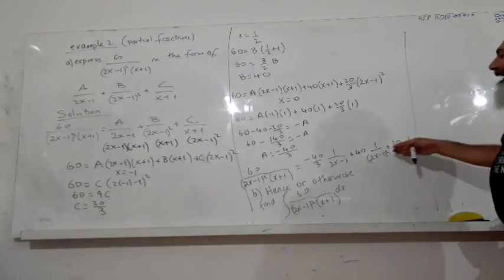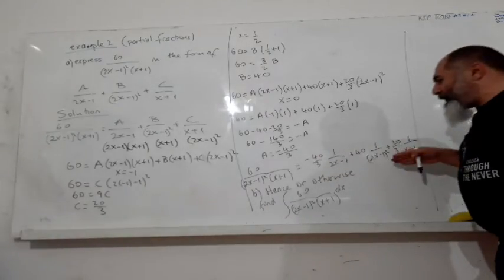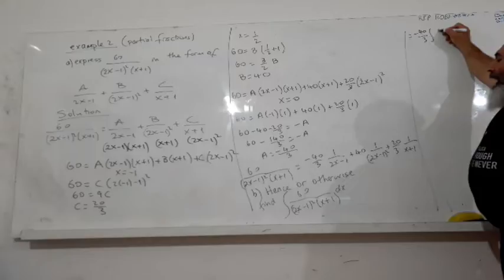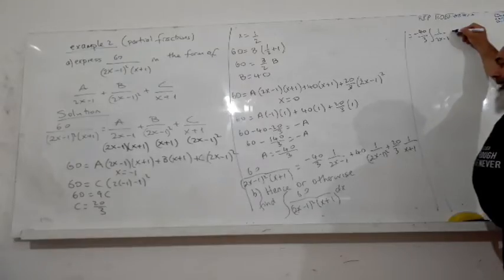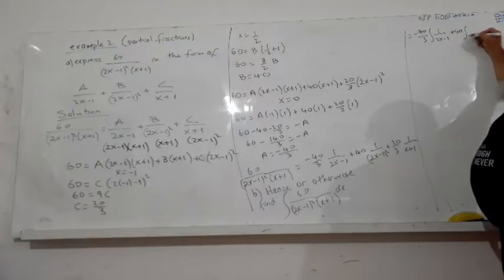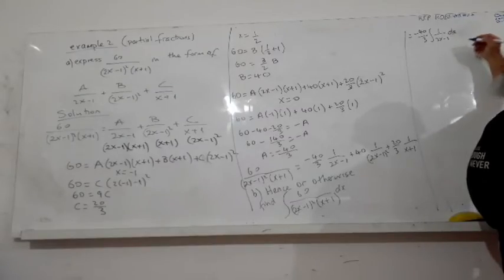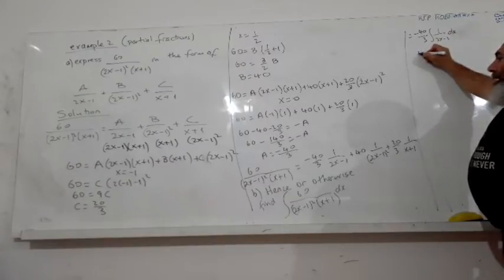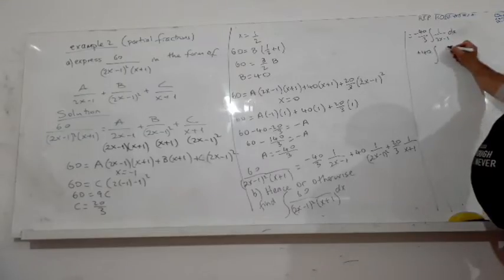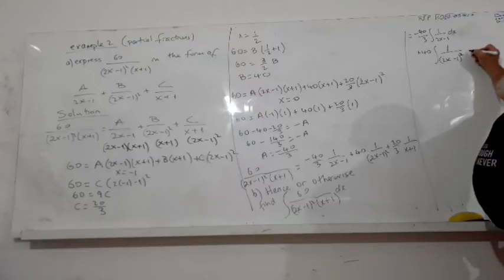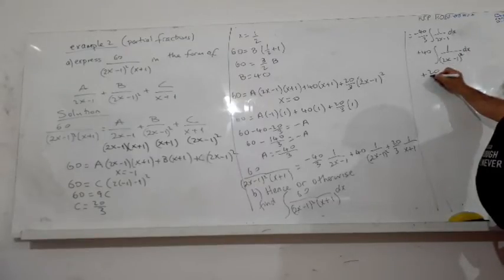This is going to be minus 40 over 3, 1 over 2x minus 1, we forgot the x here, we have to write the x, plus 40, 1 over (2x minus 1) squared dx, plus 20 over 3, 1 over x plus 1 dx.